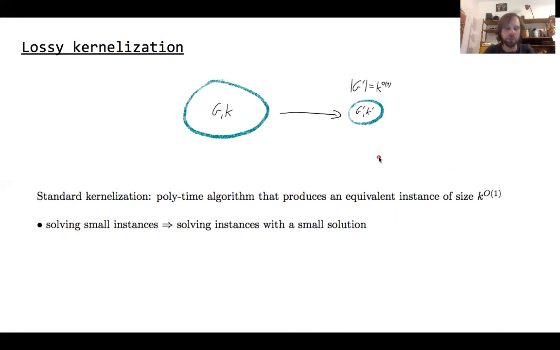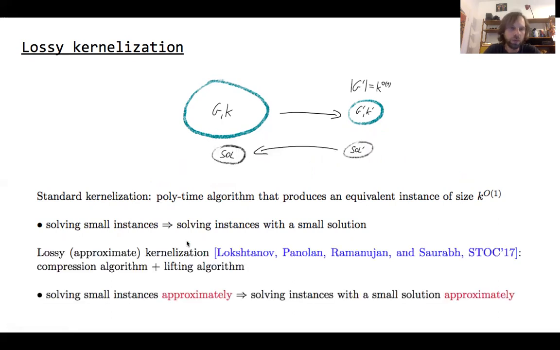This can be interpreted in such a way that whenever a parameterized problem admits a polynomial kernel, then solving small instances of this problem entails solving instances with a small solution. For problems which are hard, both from the perspective of kernelization or approximation, Lokshtanov, Panolan, Ramanujan, and Saurabh proposed a framework of Lossy kernelization or approximate kernelization.